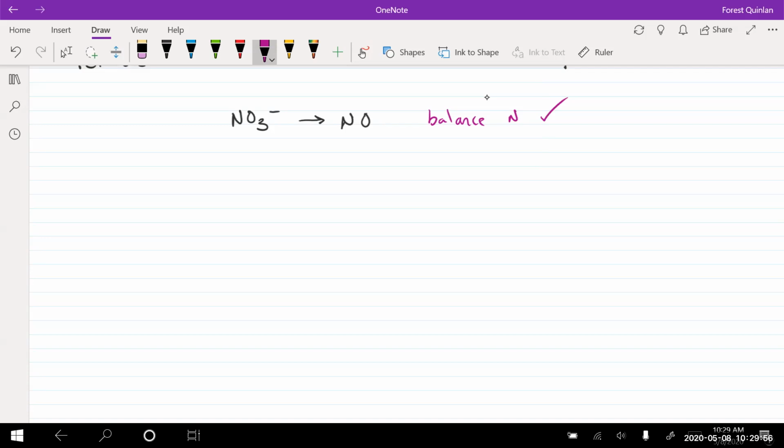There's 1 and 1. So now we have to balance the oxygens, right? So I've got NO3 minus becoming NO. How many oxygens are on the left? 3. On the right? 1. So how do we get 2 more oxygens? Add 2 H2Os. We're going to add waters to do that. So now we see that we have 2 oxygens, 3 oxygens. We are balanced on the oxygens.